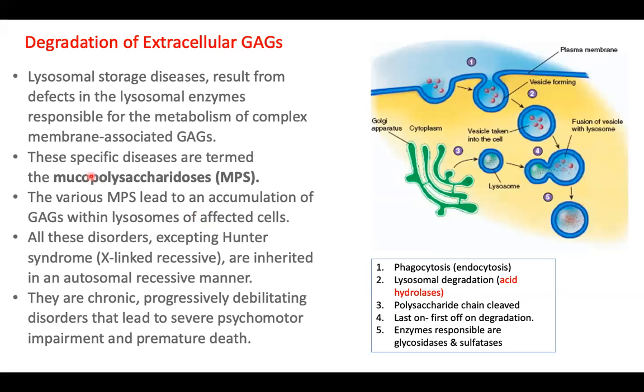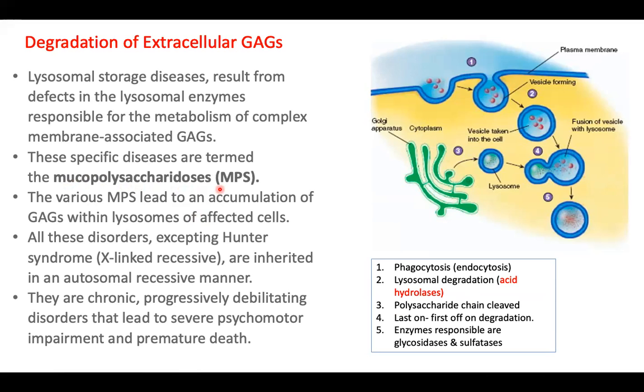And those diseases that have a problem with the lysosomes are called mucopolysaccharidosis. So there's a group of diseases that have some problem with the lysosomes. And because the lysosomes aren't working, they cannot break down the GAGs, and it's going to lead to an accumulation of the GAGs inside of my body.